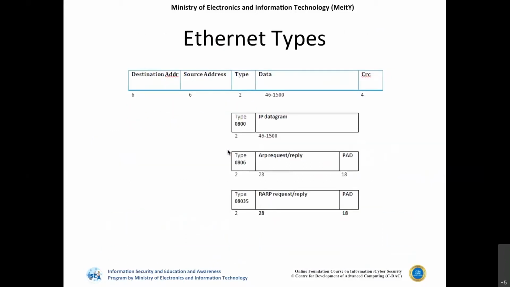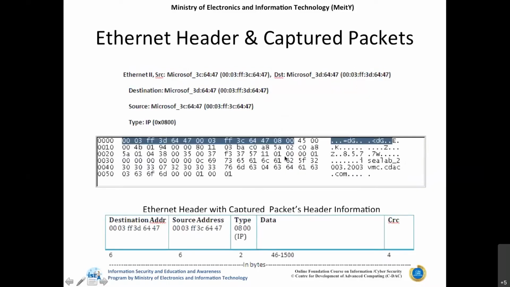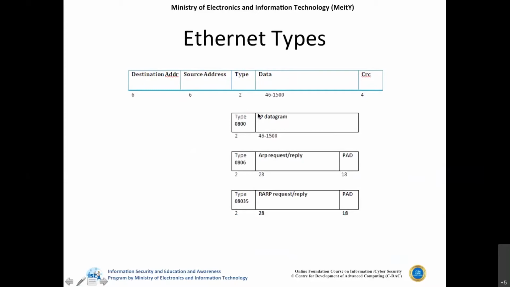So, Ethernet types. Suppose in the previous case, 0800 is there, that is called IP. And if 0806 is there, ARP. If 08035 is there, RARP. Mostly in your network, packets go to ARP, IP, or RARP, unless you have special devices in the network.